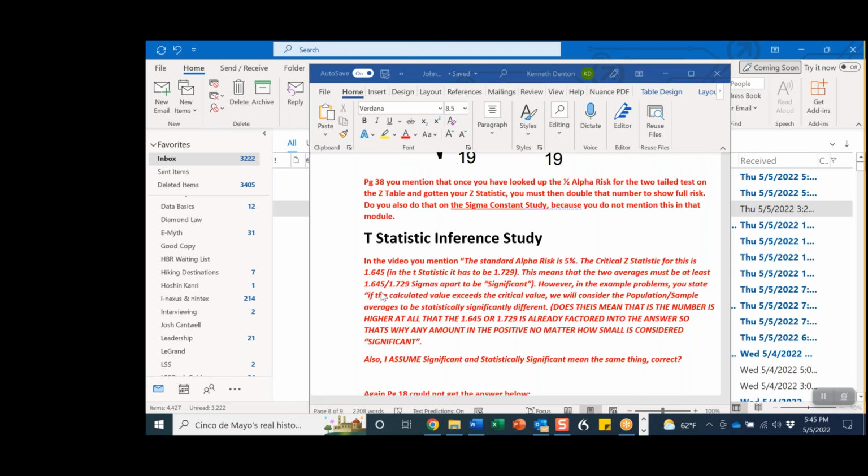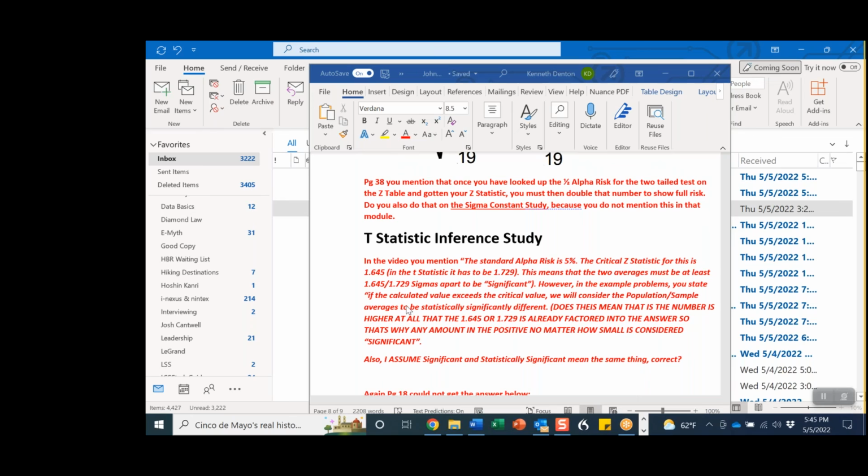The calculated is 0.645 higher than your critical. It's not 1.645 higher than your critical, but it is higher. You see what I'm saying there? No, I have no idea.